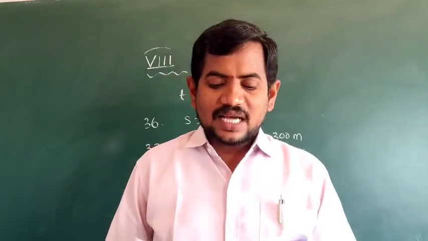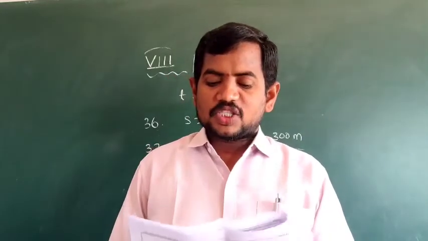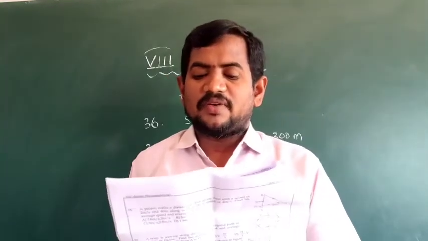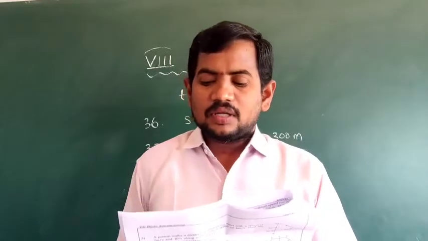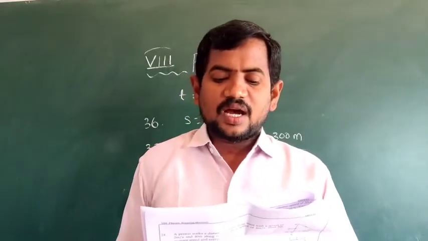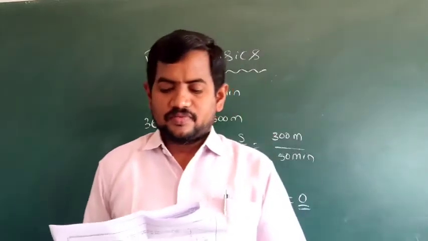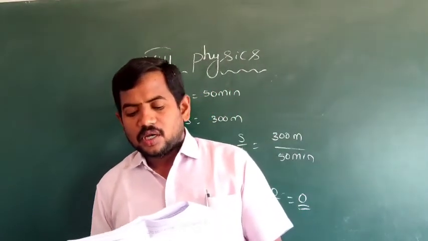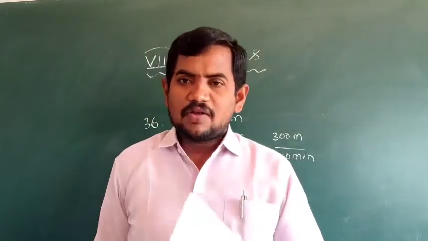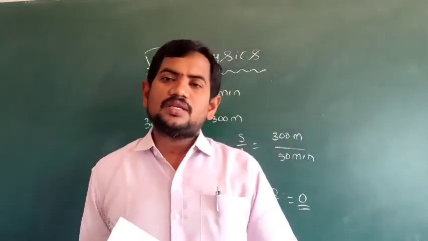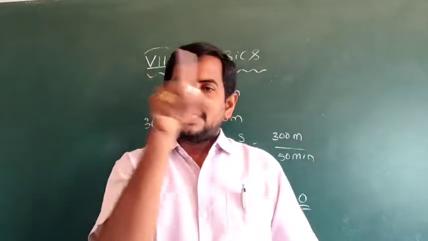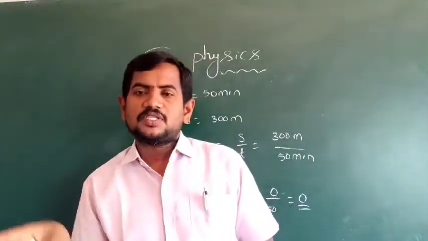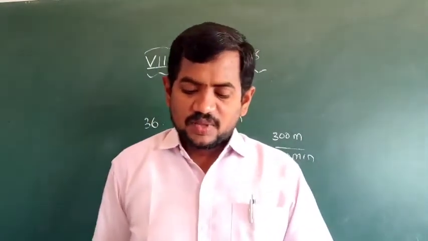A car travels up a hill at a constant speed of 40 km per hour and returns down the hill at a constant speed of 60 km per hour. Calculate the average velocity and average speed of the round trip. Average velocity becomes 0 because one trip is completed, so displacement will be 0, and average velocity also will be 0.